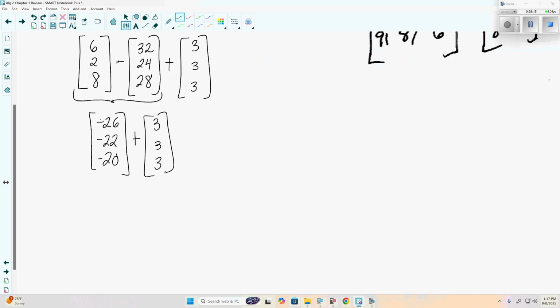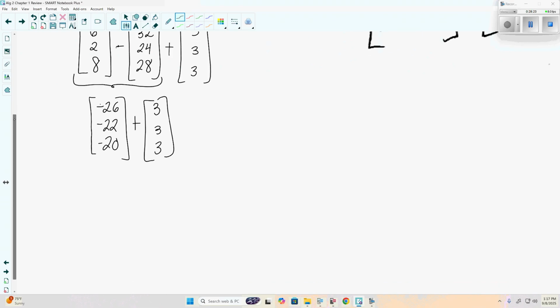And again, we could do that subtraction in a calculator. We can let it do it for us. Now we're adding 3 to each one. Negative 26 plus 3 is negative 23. Negative 22 plus 3 is negative 19. Negative 20 plus 3 is negative 17.